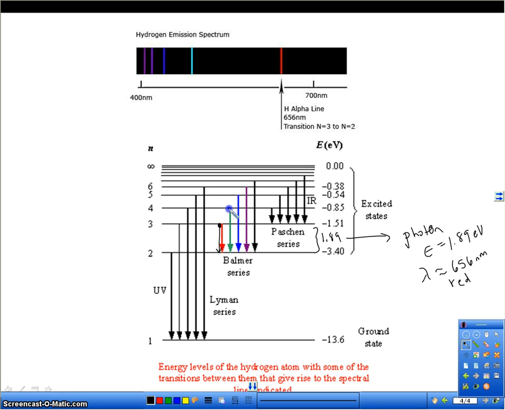For a photon that jumps from the 4 to the 2 state, to figure out how much energy that is, you do 3.4 minus 0.85, which is 2.55. So this green light jump corresponds to an energy difference of 2.55 electron volts.